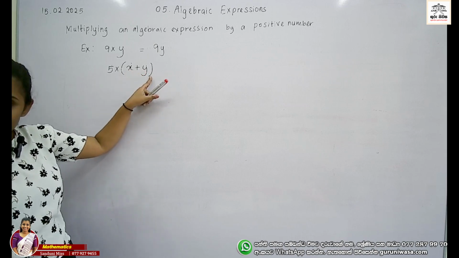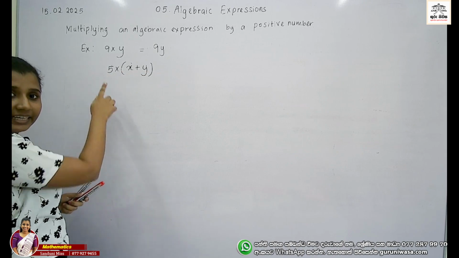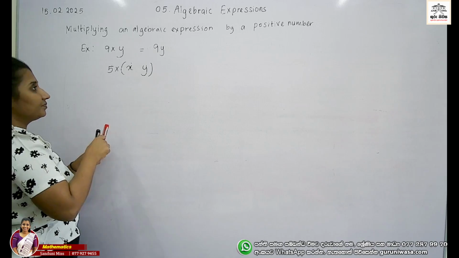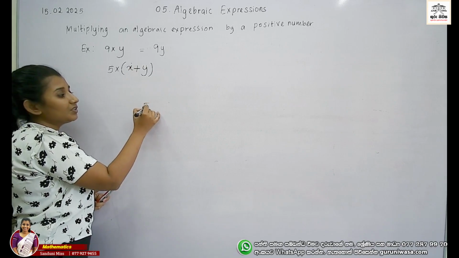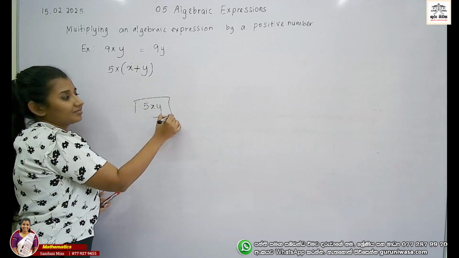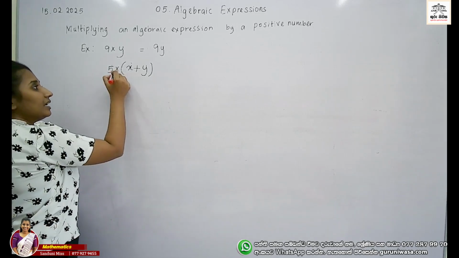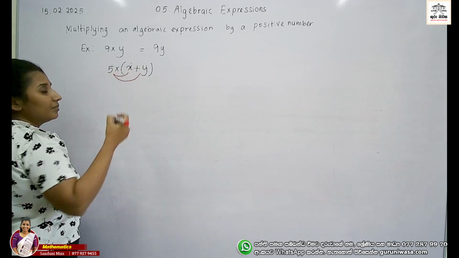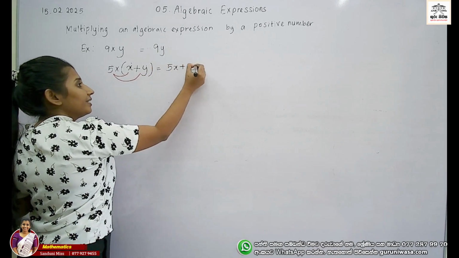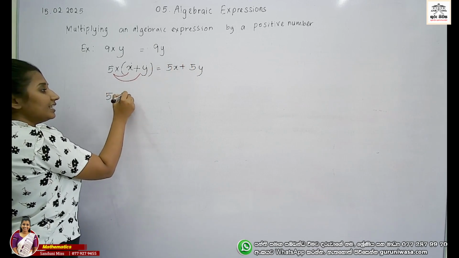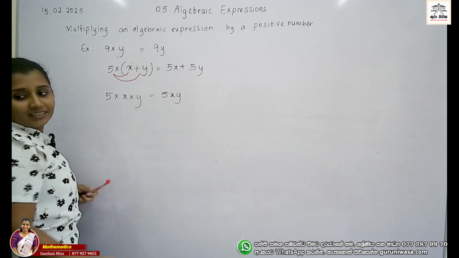Here you have a bracket, so this whole algebraic expression is going to be multiplied by 5. This is addition, not multiplication. If it was 5xy, then your answer would be correct. But here you have to multiply every term: 5x plus 5y. Okay?